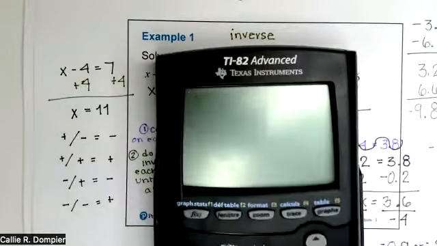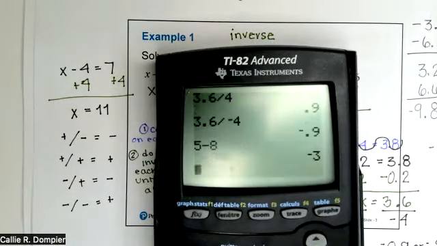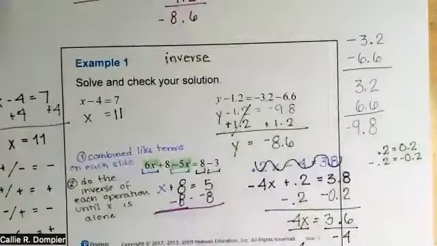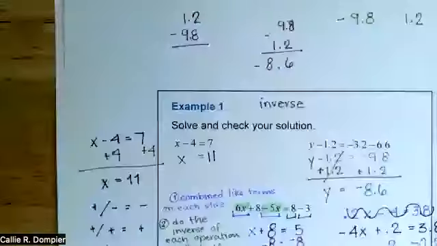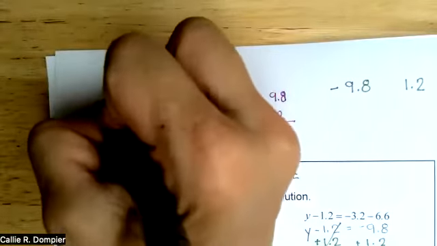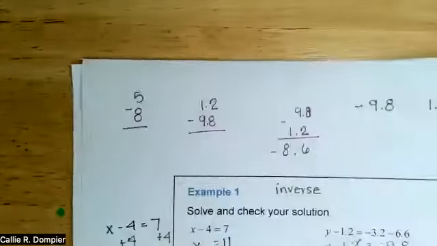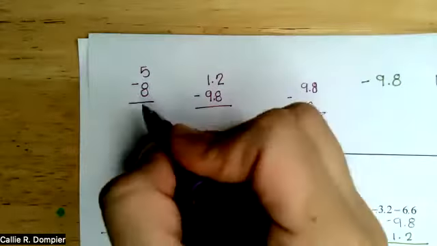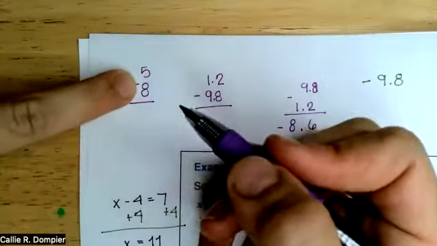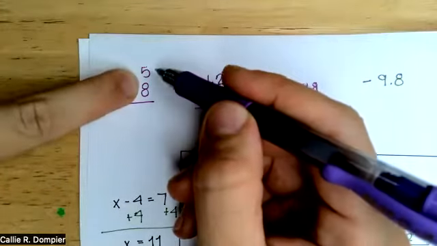So I can either say 5 minus 8 is negative 3, or if I don't have a calculator, I have 5 and I have minus 8. 5 minus 8, I can't just do it like that. It won't work, right? What I do is I think without the signs, which number is a higher number?